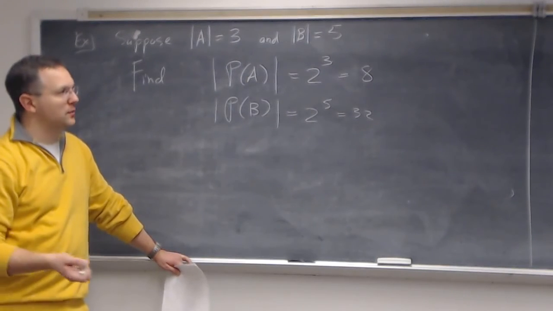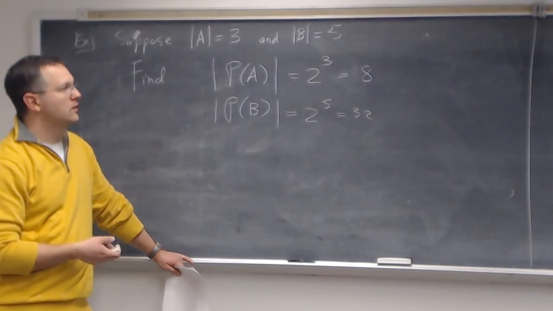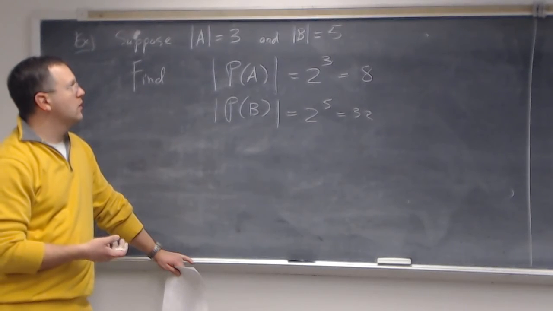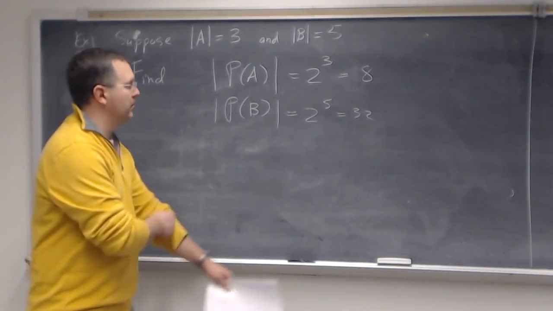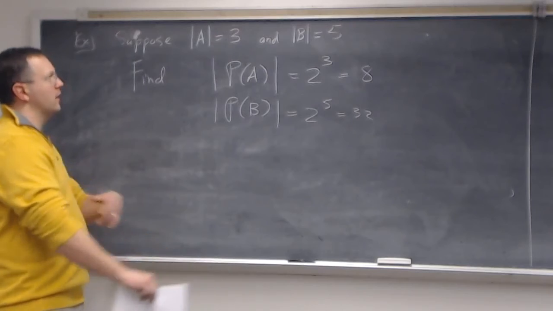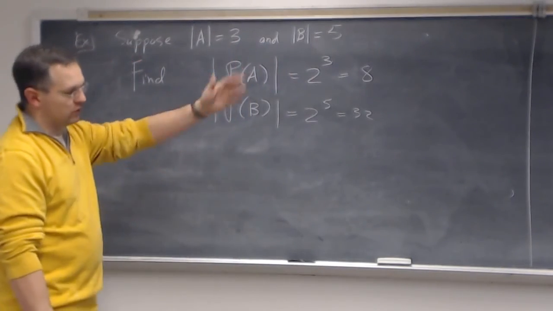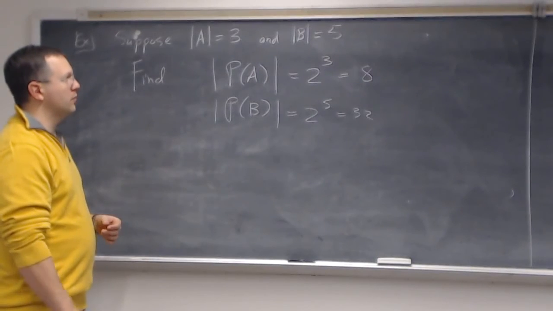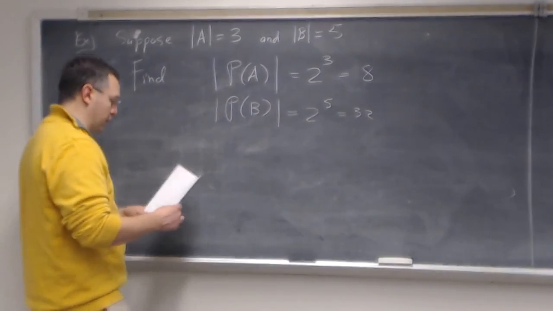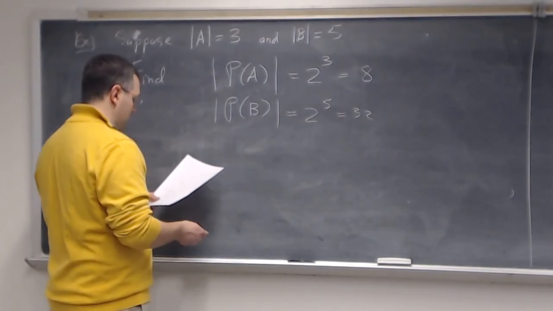I mean, you get 32 sets. We're starting to get just too much. If I said, here's a set with 5 elements, list the power set of B, we're already getting up to 32 elements.